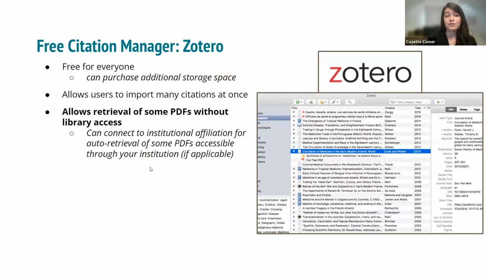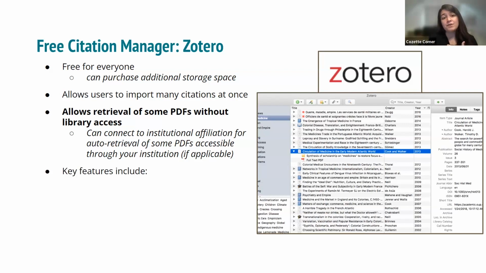If you do have an institutional affiliation that has institutional access, you can also link Zotero to that institutional access to gather those resources as well. This is not going to find every PDF on your list, but it is a really great place to start because it's just a click of a few buttons.